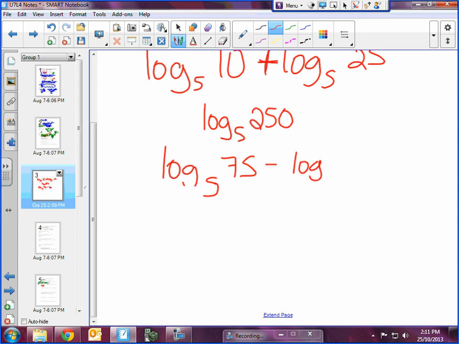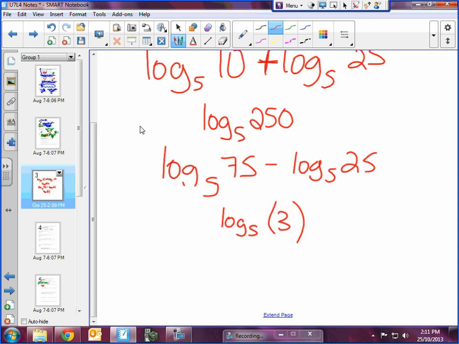Now I divide. So log base 5 of 3. So my quotient law is if I'm subtracting two logarithms with the same base, I would divide my arguments.